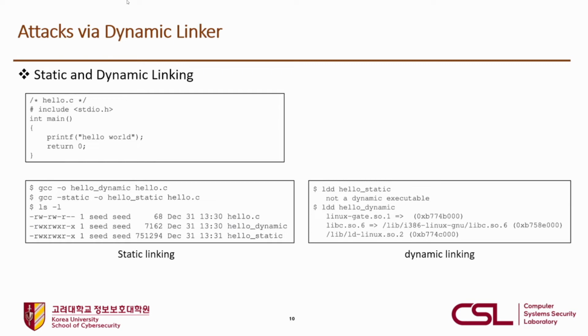As shown in the first picture, let's write a code called hello.c that prints hello world and compile it with GCC. At this time, if you give GCC the argument -static and compile it, you can see that the size of the compiled file is about 100 times larger than when compiled without -static.